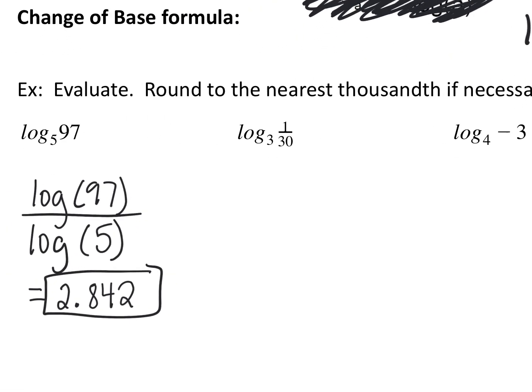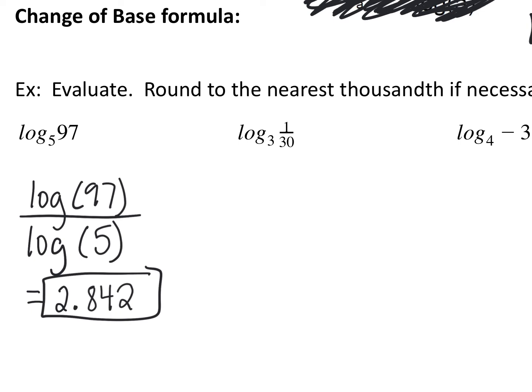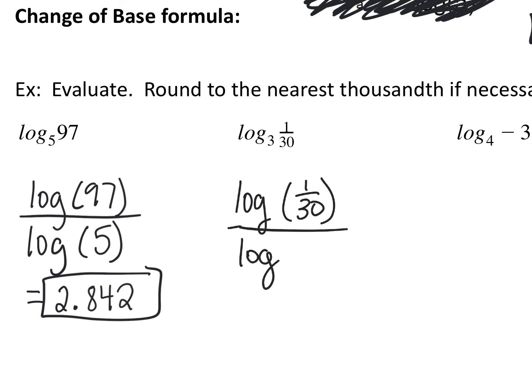Okay, we'll start with log base 3 of 130. What'd you type into your calculator? Log 130 divided by log 3. Yep. And what'd you get when you rounded to the thousandths?